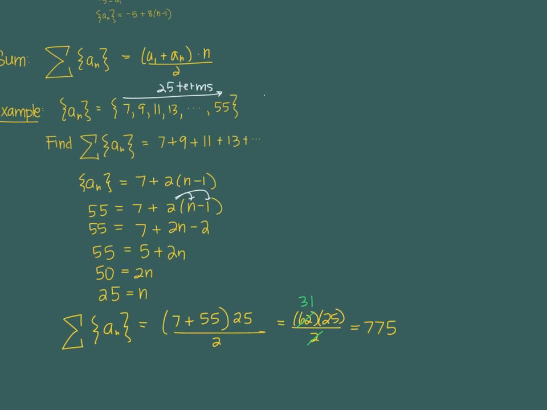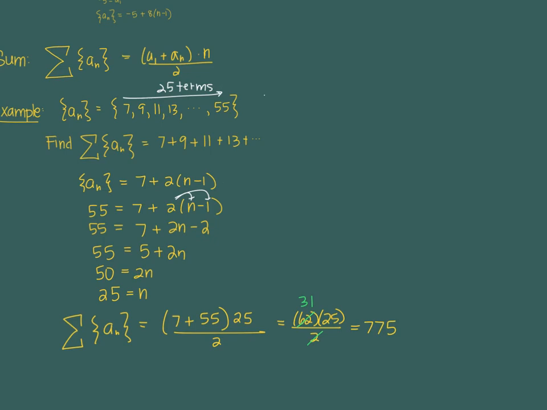So if I had added up all the numbers by hand, I would have gotten 775, or I can use this shorter way to also get 775. So you decide which way works for you. The longer the sequence, the longer it's going to take you to do it by hand, and the faster it would be to do it with the shortcut method.